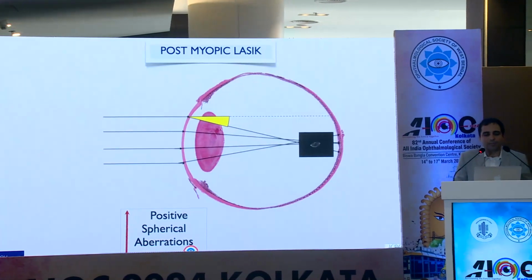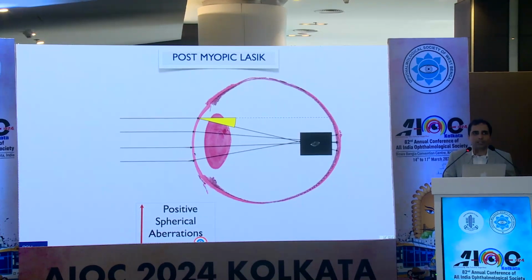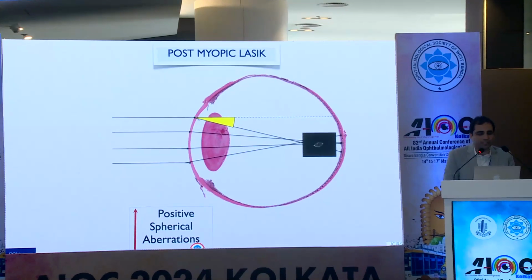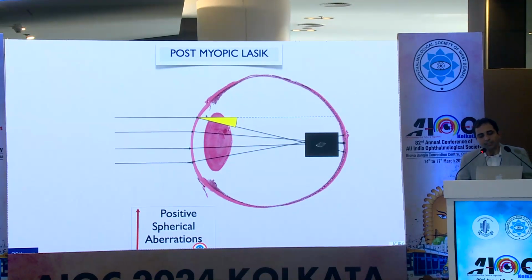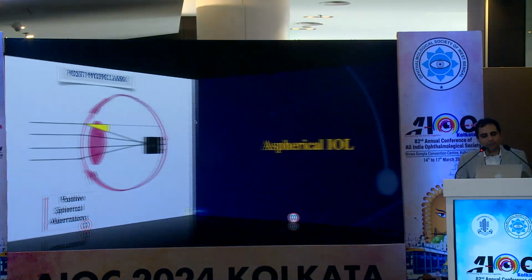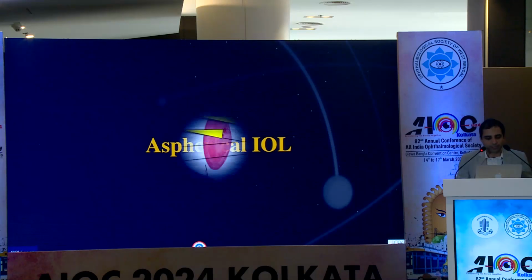When we do a myopic LASIK, that would mean that we are flattening the central part even further, which means the positive spherical aberrations will actually increase because relative to the center, the periphery will become even more steep. And therefore, if a patient has undergone a myopic LASIK, you would rather have an aspheric IOL, which means an IOL with negative spherical aberrations rather than a spherical IOL with positive spherical aberrations.